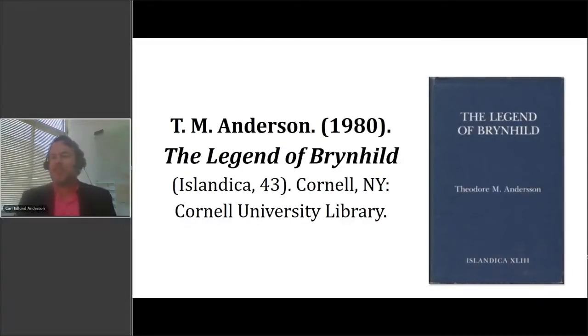But even Andersen couldn't get past the fact that we have what look like two rather different versions of the character of Brynhilde, who we'll come to talk about more in subsequent sessions. She doesn't get a mention in Tolkien's titles, but Andersen thought she was the central character of these legends.